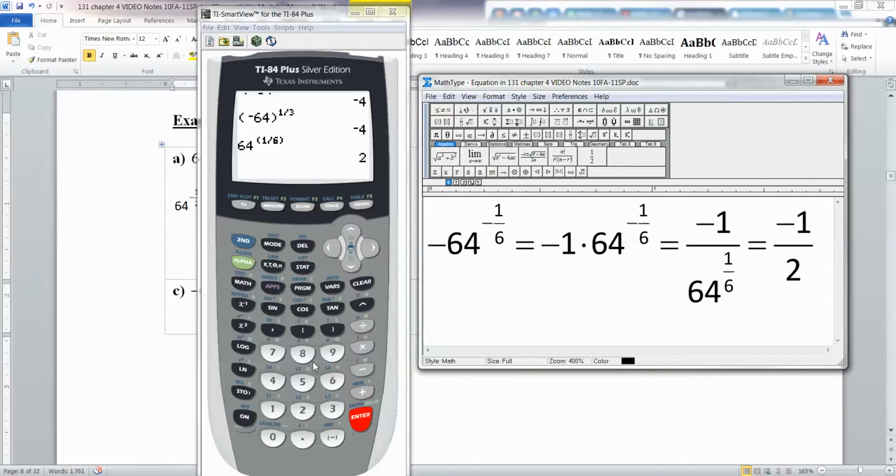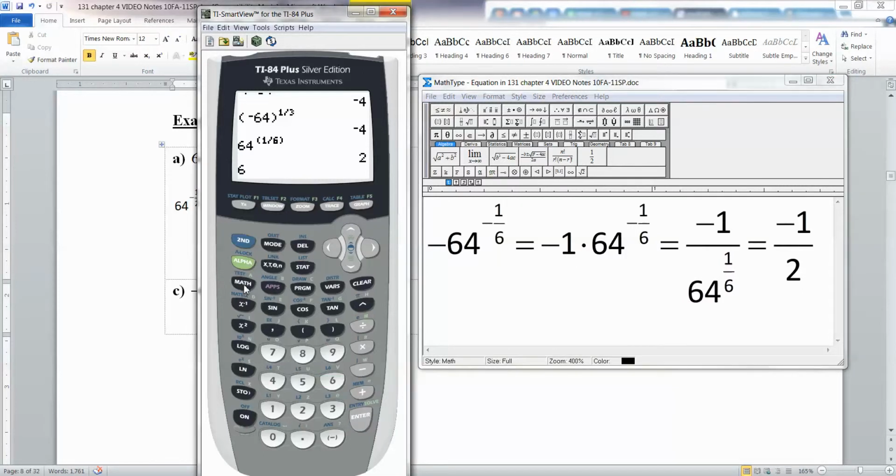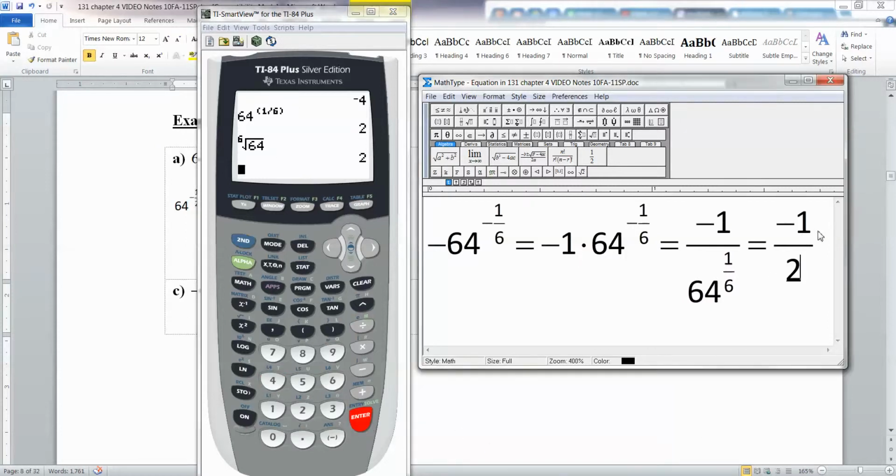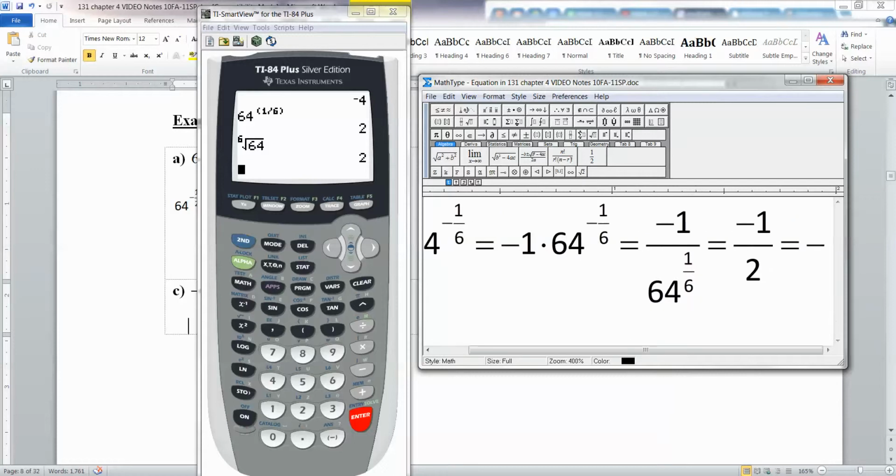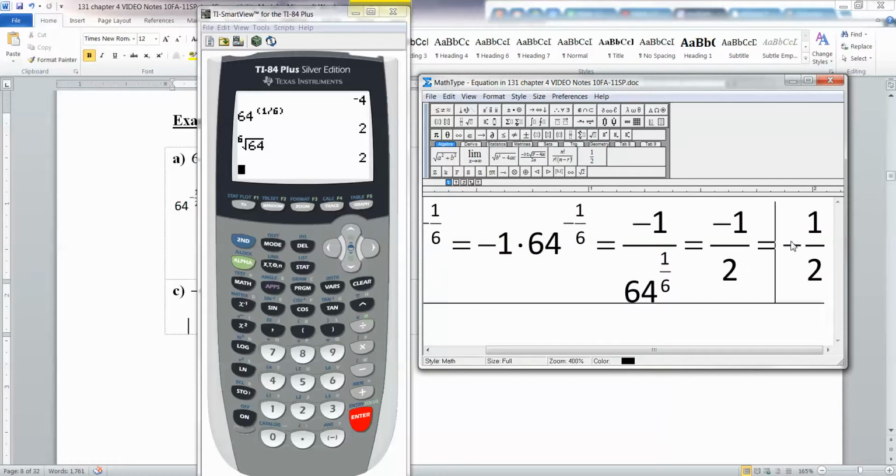Now, if you didn't want to do it that way, you could also do 6, math, number 5, which is the xth root. It takes the number you just typed and makes it the root. And then you say 64. Okay, so one way or another, you still get that it's negative 1/2.